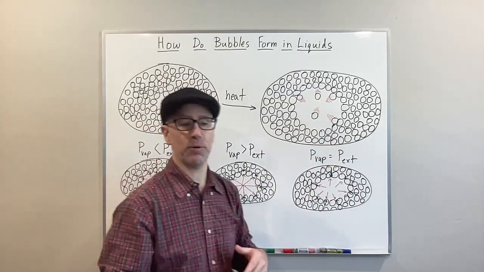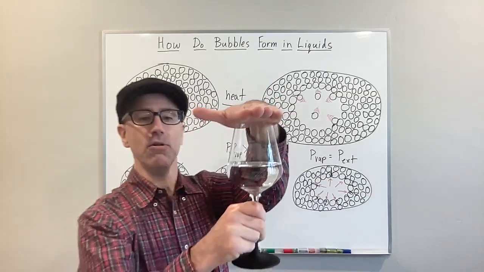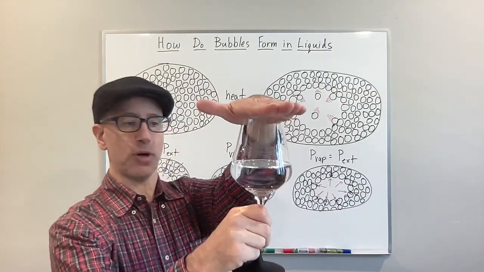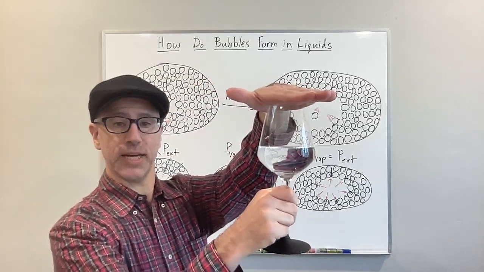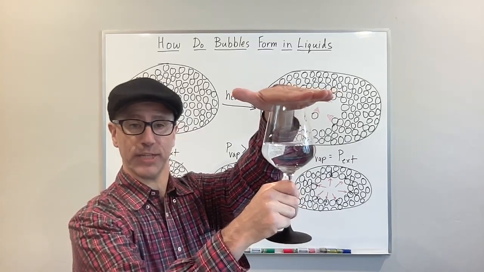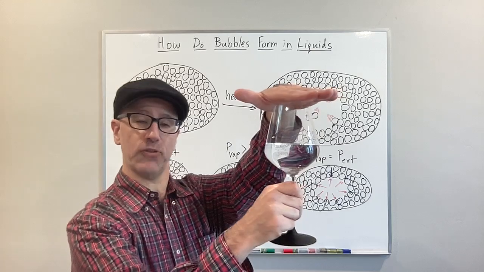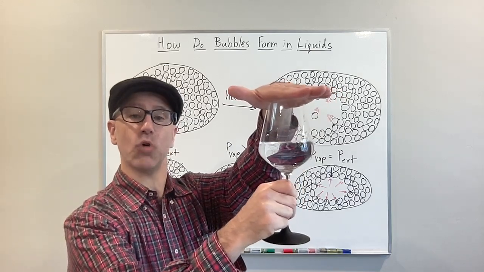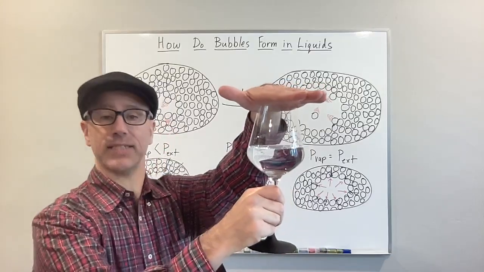So we talked about vapor pressure happening inside. If I cover my glass, and the water vapor builds up, the condensation process increases. As I get more and more molecules in the vapor phase, more molecules in the vapor phase will collide with the surface and be reabsorbed into the liquid phase, and that's condensation.